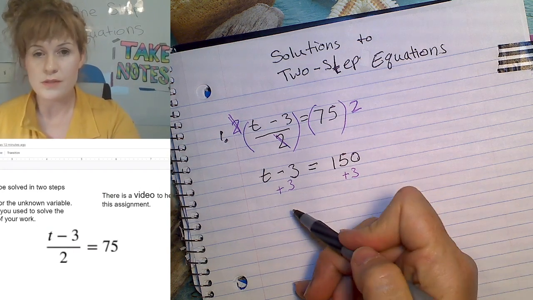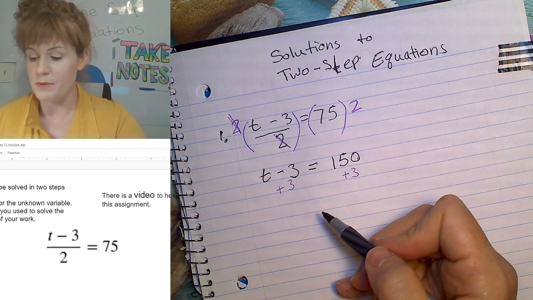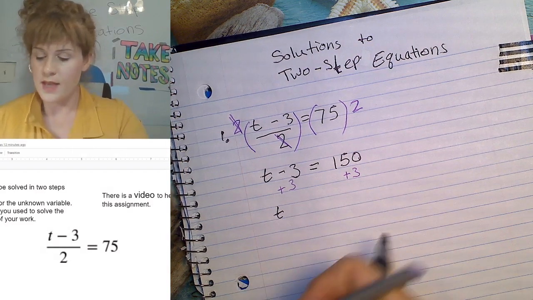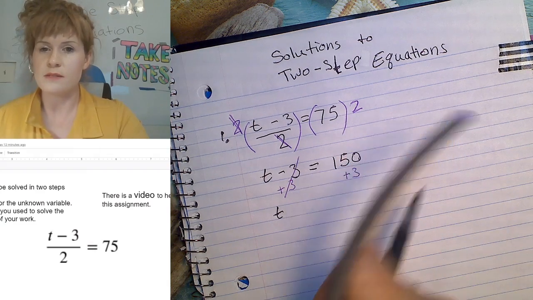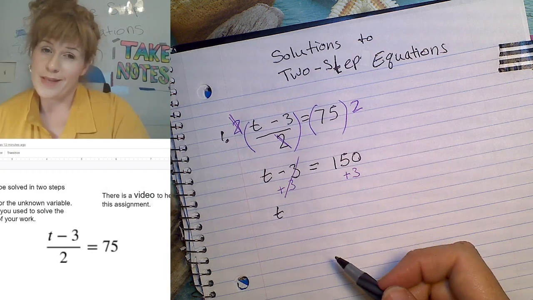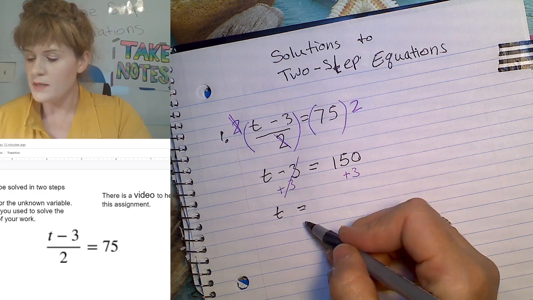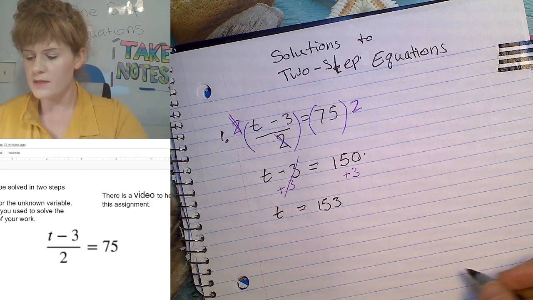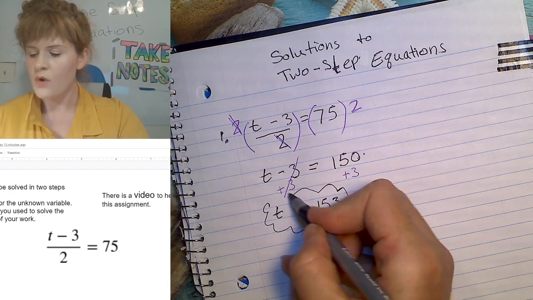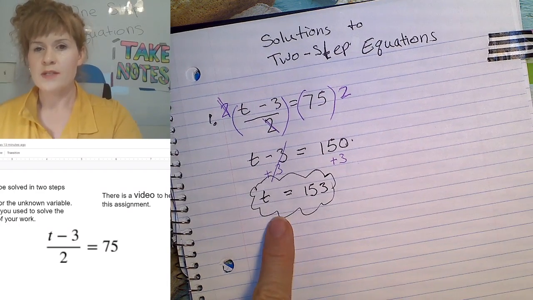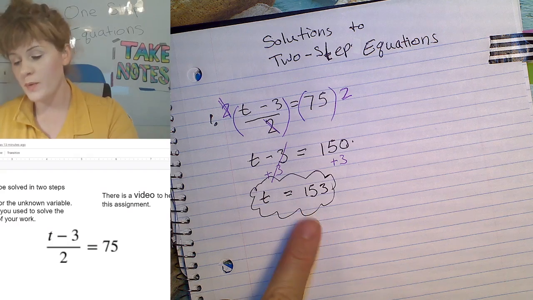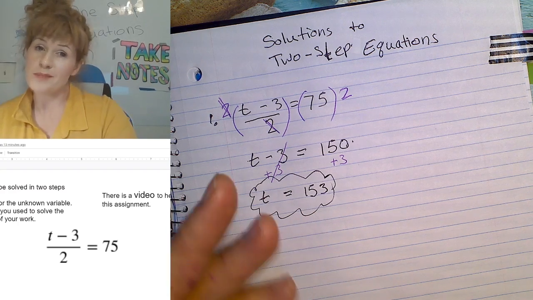I can undo the subtraction by adding the number back in. Now I get t on the left side because minus 3 plus 3 equals 0 and it cancels out. So t equals 150 plus 3. That's 153. Done. When I get my solution, it's t equals some number. So when I get t equals some number, I'm done.